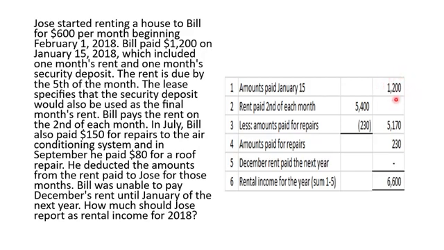So the entirety of that $1,200 is included. Now, if he paid rent on the 2nd of each month, if he paid it on March, April, May, June, July, August, September, October, and November, that is 9 months at $600.